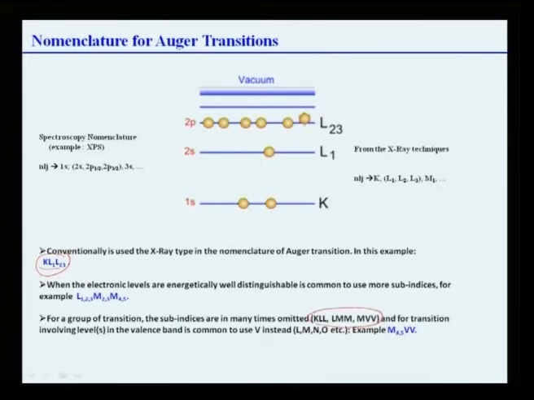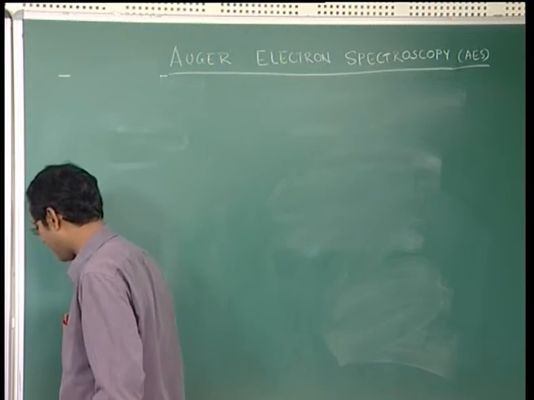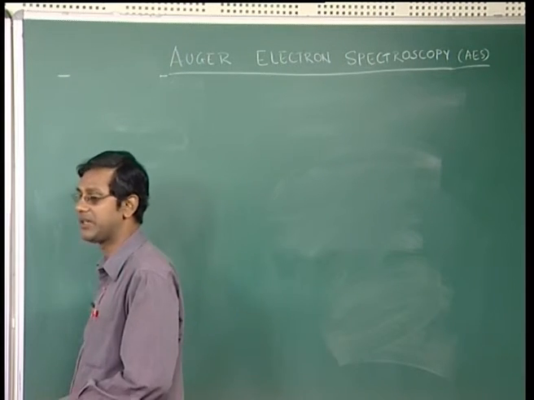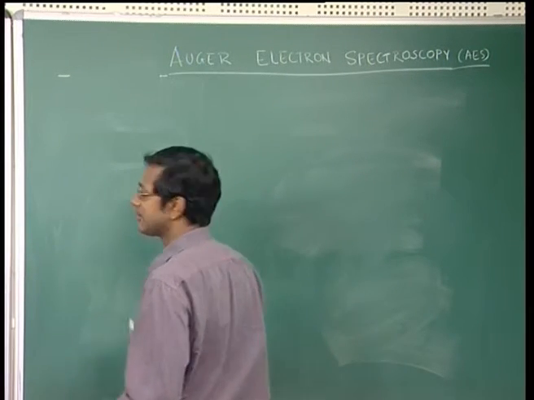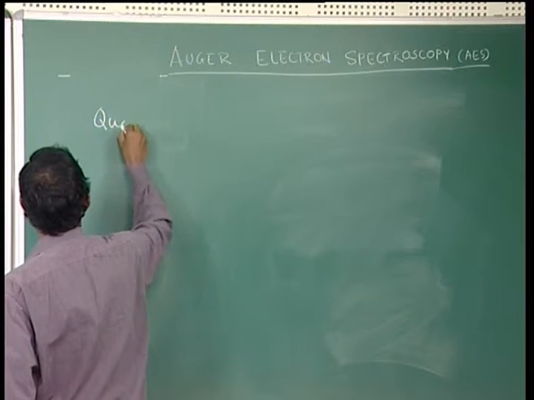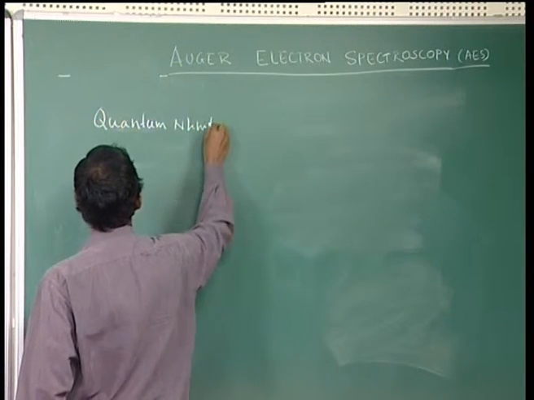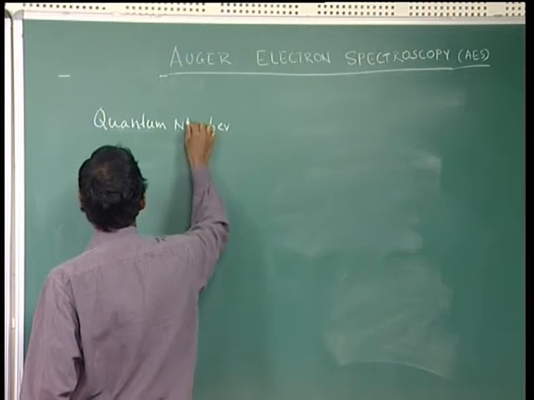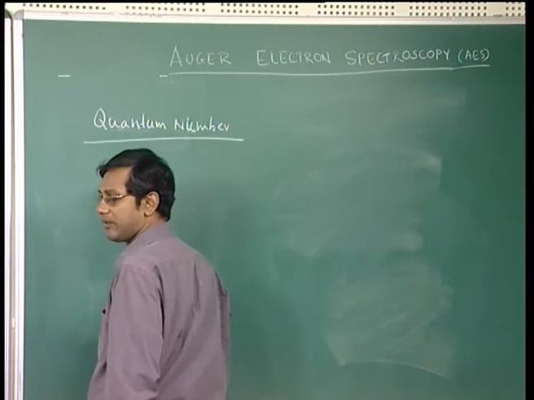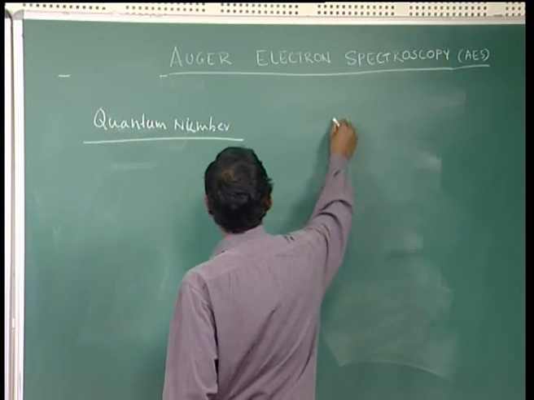Let me discuss in detail with a table to show you so that you do not forget. So the basic nomenclature which is used in XPS can be written like this. Suppose this is the quantum number, and this is the notation.